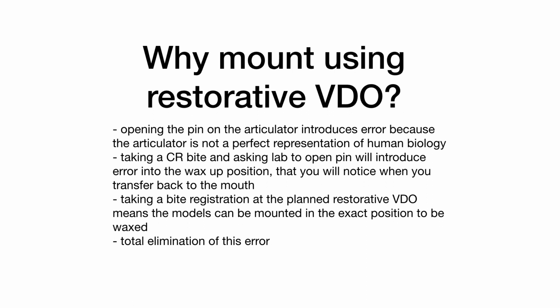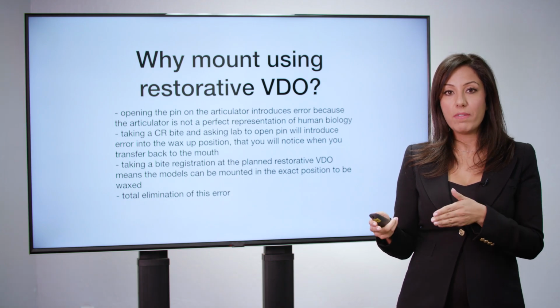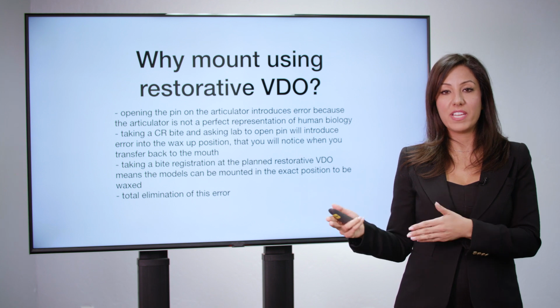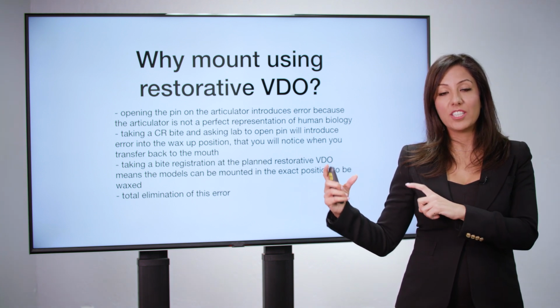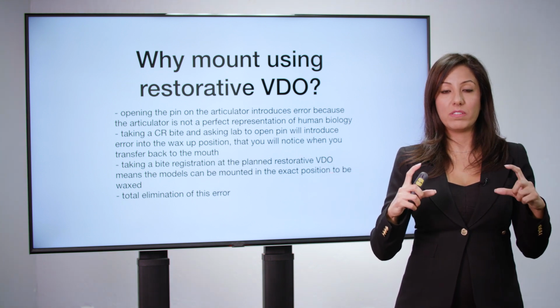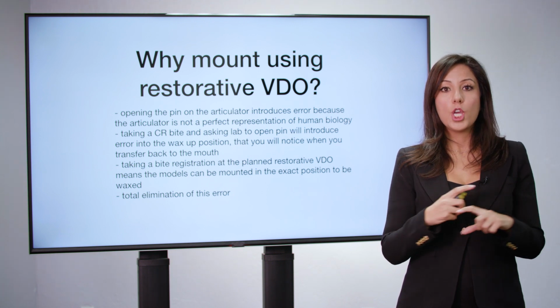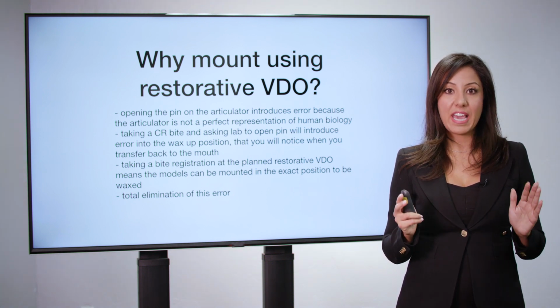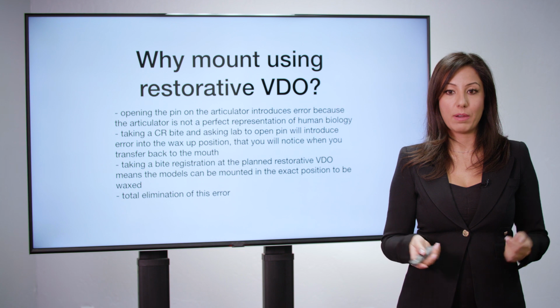When a patient opens their mouth, the articulator does not 100% represent human biology. So if we want to open the pin on the articulator, it is less accurate and introduces error as compared to just taking your bite registration at the restorative video. And that way when your lab technician mounts the case at the restorative video and waxes it up there, you completely eliminate the error introduced by moving the pin around.